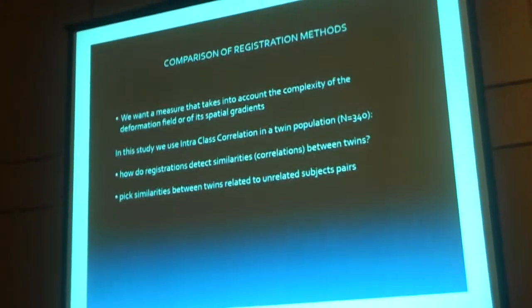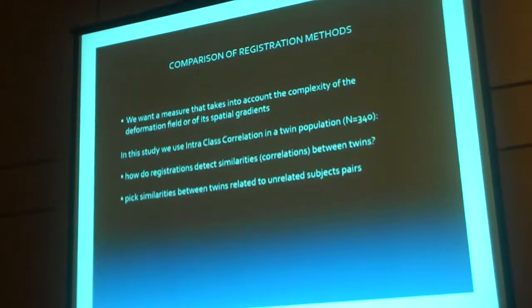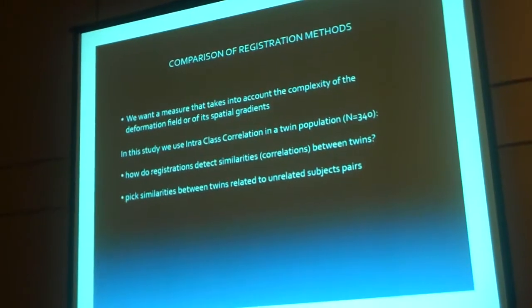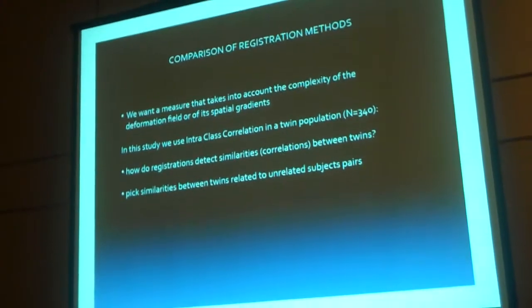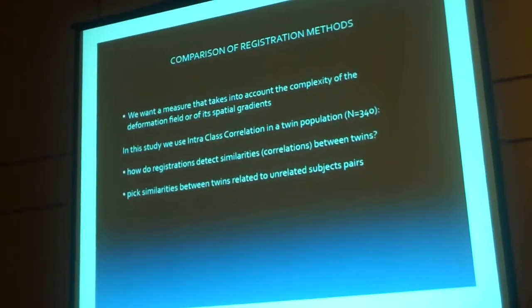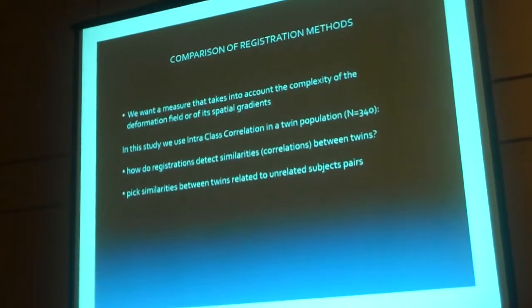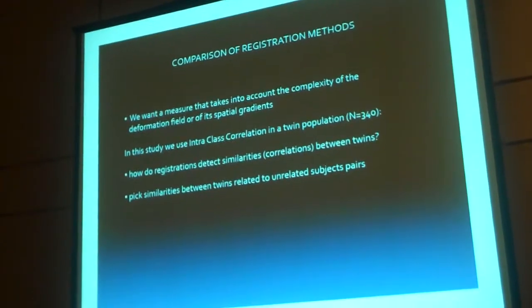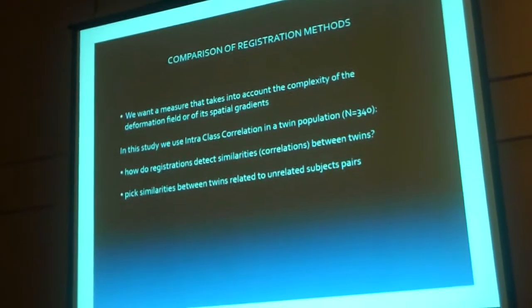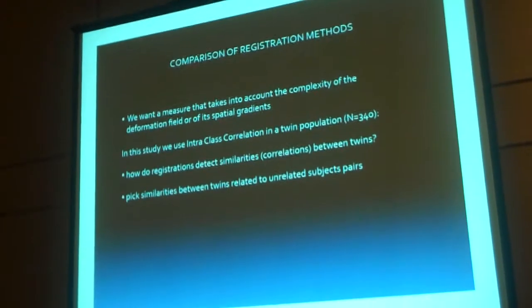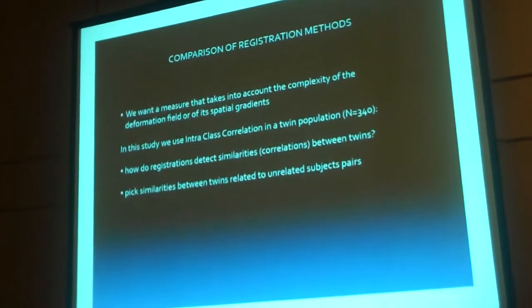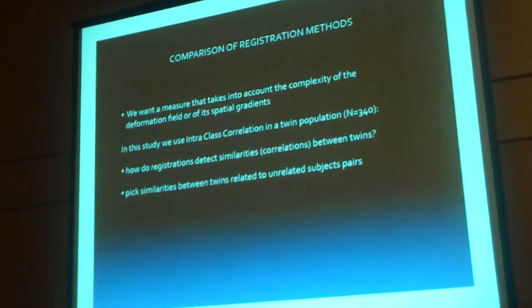So how did we compare the registration methods? As our main motivation is to find a good registration method that is able to capture the complexity of the deformation fields, the finest differences between two populations, between the target image and the template image.